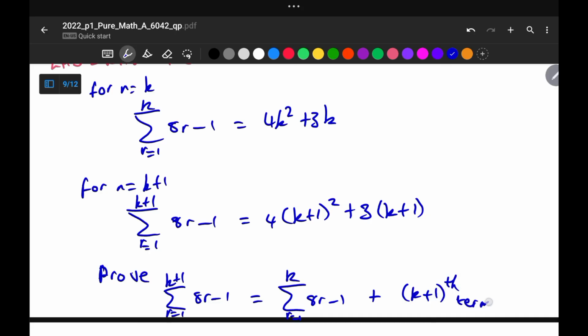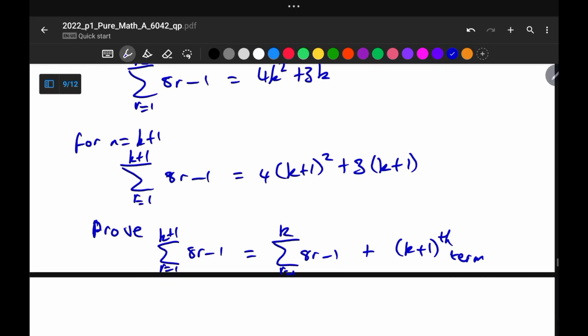So for the k plus 1th term, we are going to substitute k plus 1 for r in this summation to say it is 8 multiplied by k plus 1 minus 1. So we are going to prove that the terms here on the right hand side of the equation are equal to this expression here, 4 times k plus 1 squared plus 3 times k plus 1.